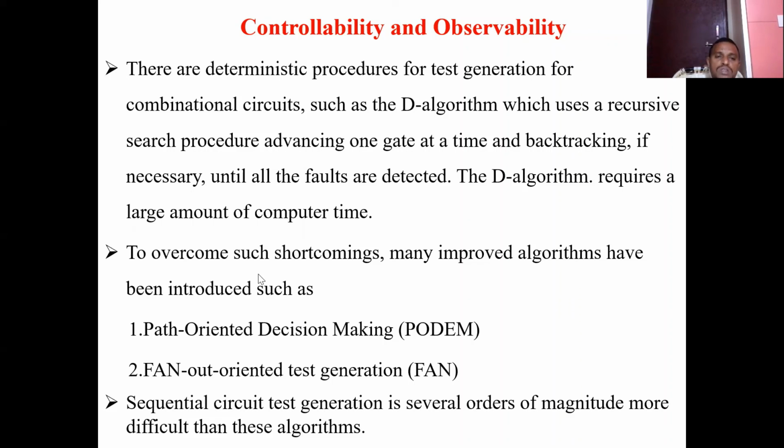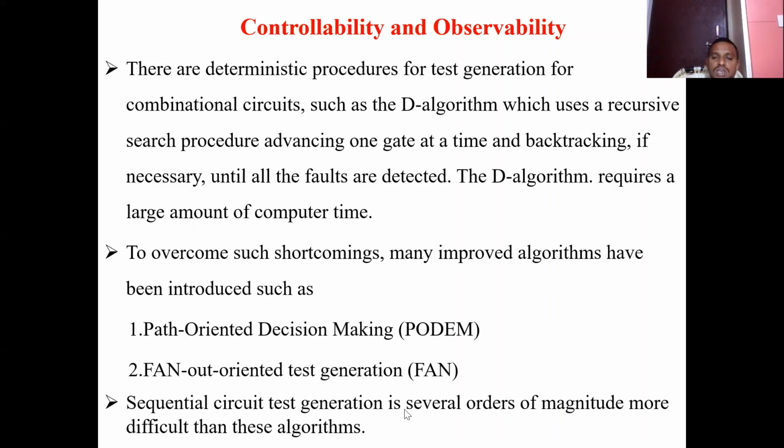To overcome such shortcomings, many improved algorithms have been introduced, such as path-oriented decision making, PODEM, and fan-out oriented test generation. These two techniques were introduced to avoid the D algorithm's limitations.